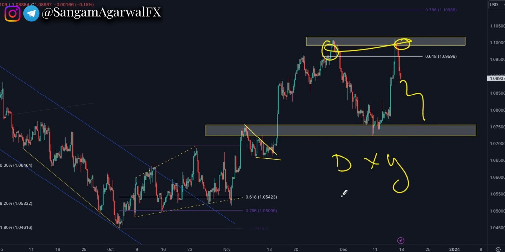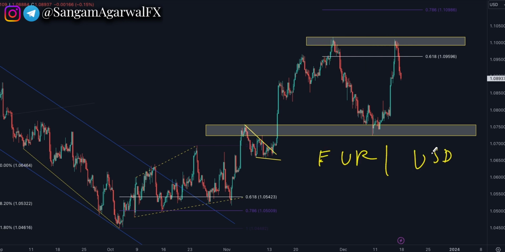And if you compare the dollar index and EUR/USD chart, they are inverted charts, just copy paste. Dixie made a new low, but EUR/USD is just making a double top. And this was a pure fundamental, pure macro trade, not technical.